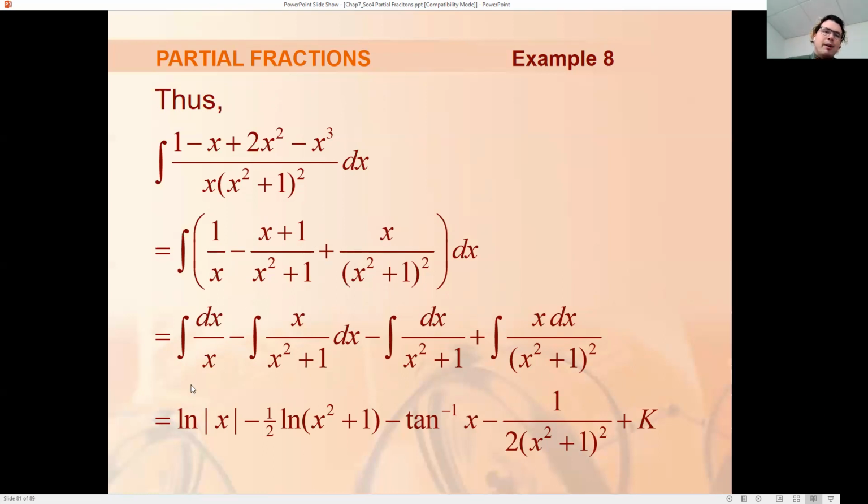The antiderivative of 1 divided by x is the natural logarithm of the absolute value of x. Here again, for this second integral, the integral of x divided by x squared plus 1, I'm going to use a u substitution, and I get as my antiderivative the natural log of x squared plus 1, and I pick up a 1/2 from my conversion factor between my du's and my dx's.